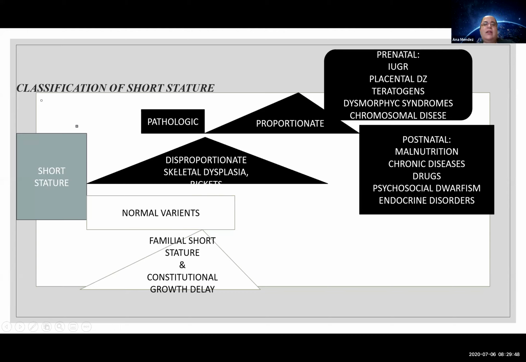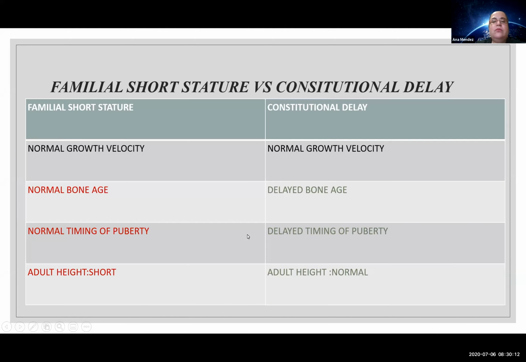If they are disproportionate and have skeletal dysplasia or rickets, this has to do with postnatal malnutrition, chronic disease, drugs, psychosocial dwarfism, and endocrine disorders. The normal variants for short stature, once you determine it's a normal variant, are familial short stature and constitutional delay. And you should be very familiar with these to be able to differentiate them from something that's pathological.